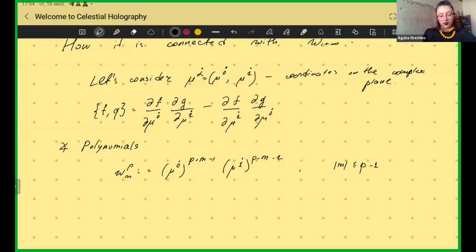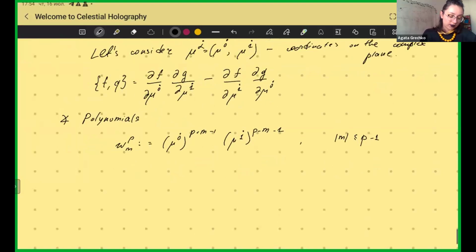So if we take these two polynomials, and we act with a Poisson bracket on two of them, we will get a magic which reproduces the W1 plus infinity algebra.